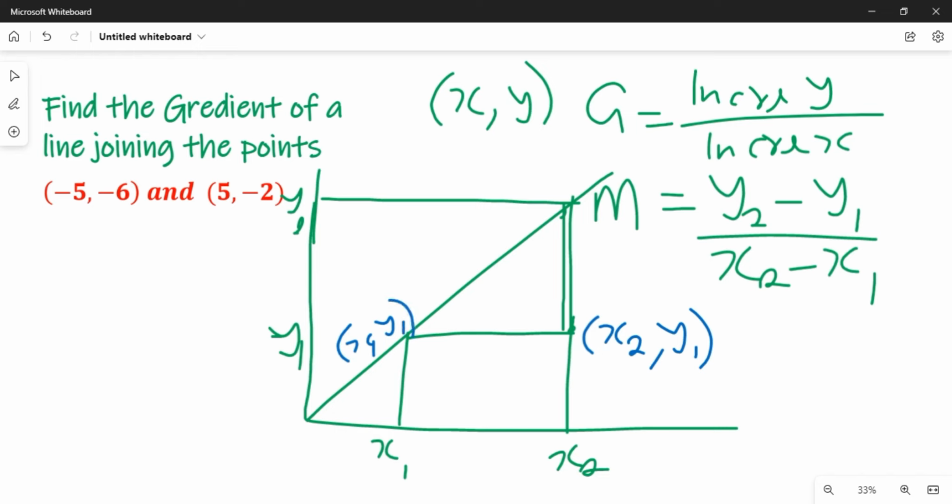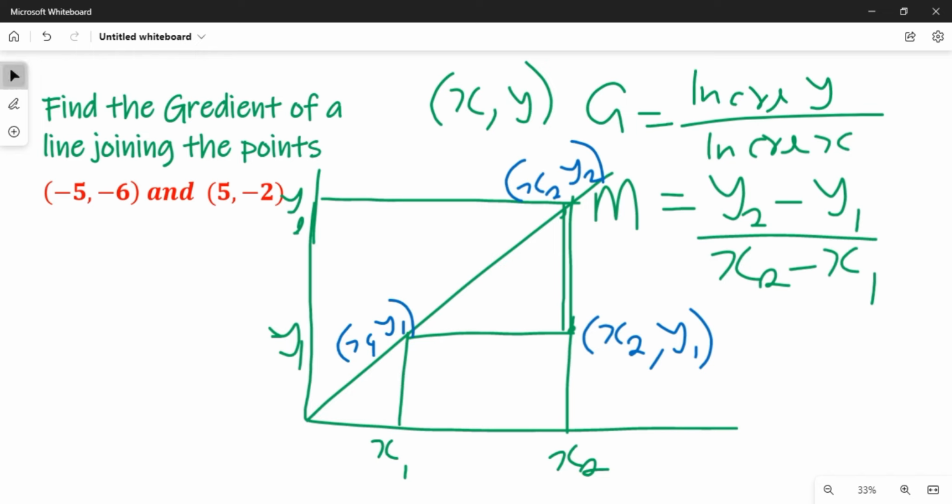At this point we'll have our x to be x2 and our y to be y2. So at any point on this straight line, we are going to have a value for the gradient.